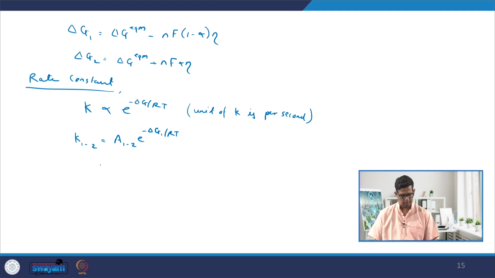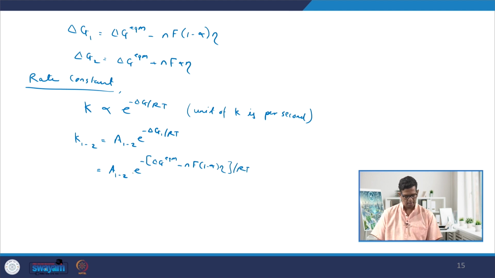So I can go ahead and expand this for delta G1. So this is A12 e to the power, substituting for delta G1: delta G equilibrium minus (1 minus alpha) nF eta by RT, right.